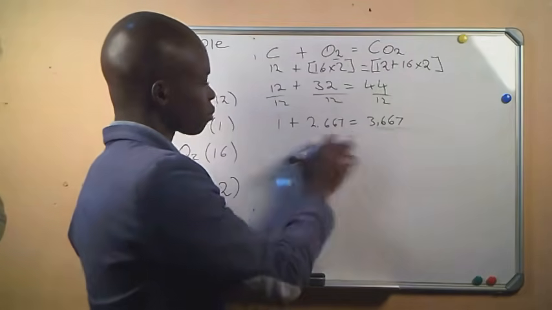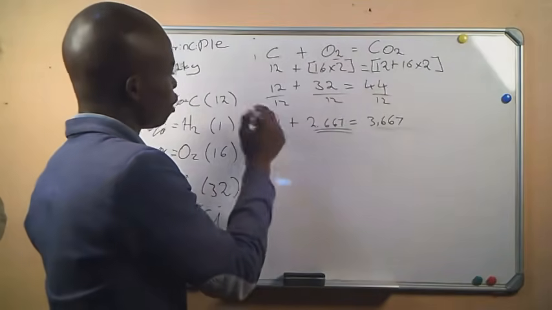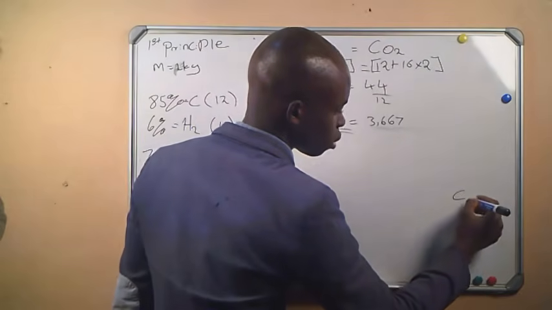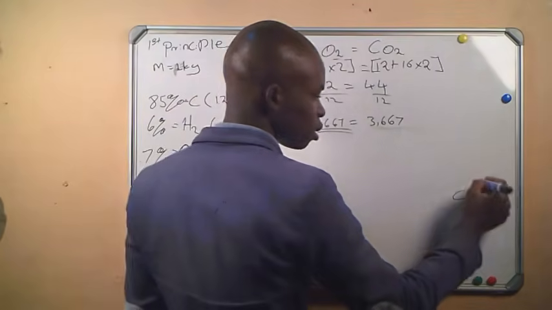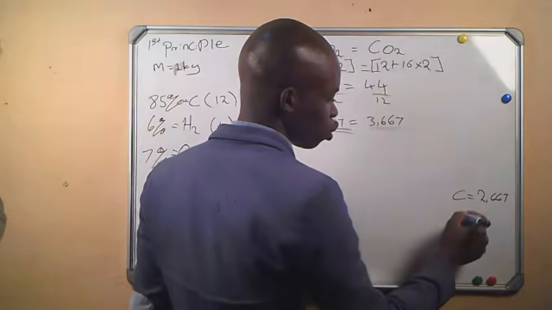And then we will take this and put it here. Let's say carbon: the amount of oxygen needed is equal to 2.667 kg.